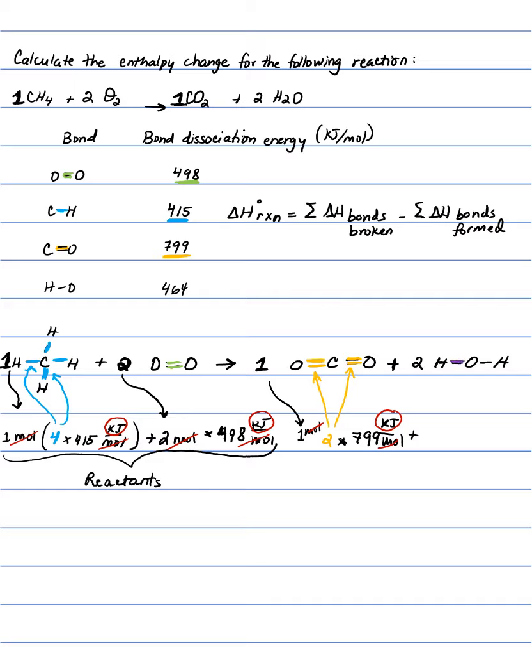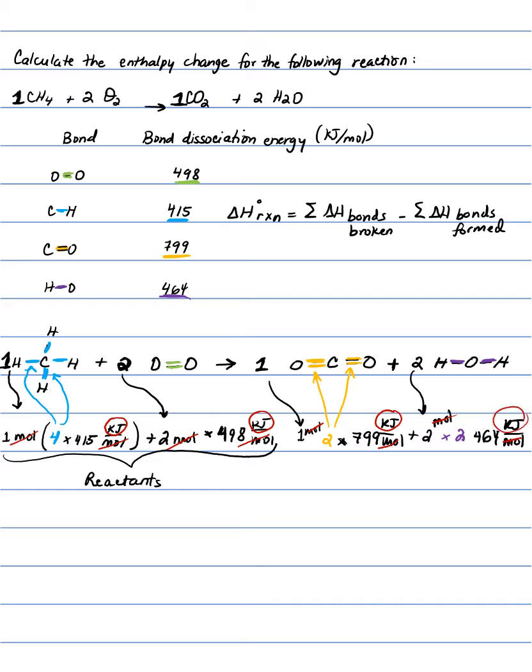OH, 464. So let me start by writing down my coefficient here. That's 2 moles. And then in the same water molecule, I have two oxygen-hydrogen bonds. So that will be times 2. And how much is it for each one? 464 kilojoules per mole. So the mole is canceling out here and you're getting a number in kilojoules.